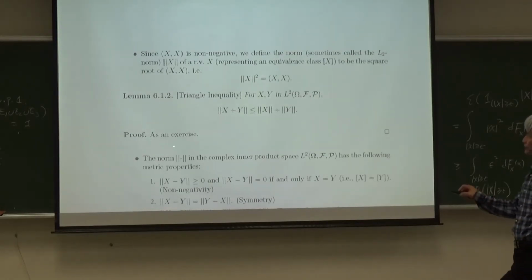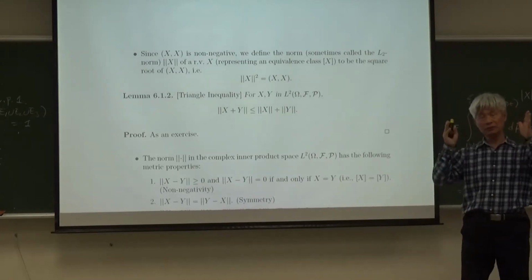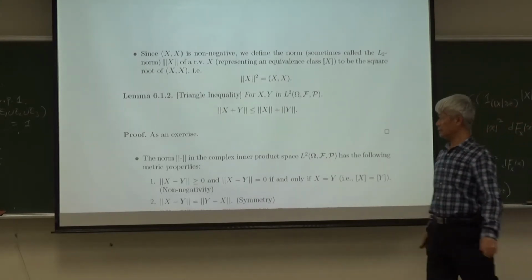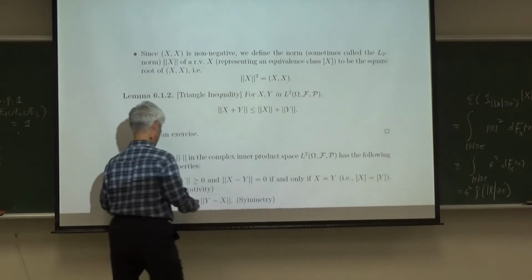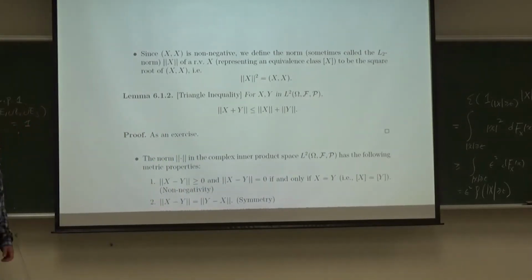And with the norm, the norm can serve as a metric. Because we use the norm to define length, the norm of the difference is the distance between two random variables.